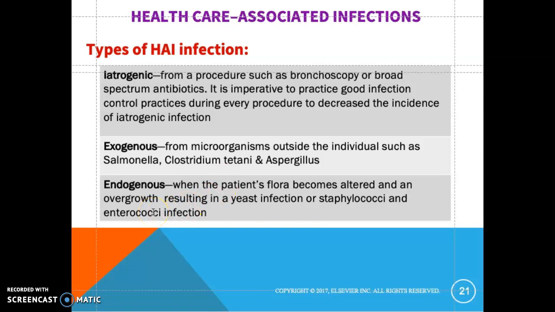An endogenous infection is when the patient's normal body flora becomes altered and there's an overgrowth, resulting probably in a yeast infection or a staphylococcus or enterococcus infection. So it's important to understand these different types of hospital acquired infections and what the interventions are to minimize them.